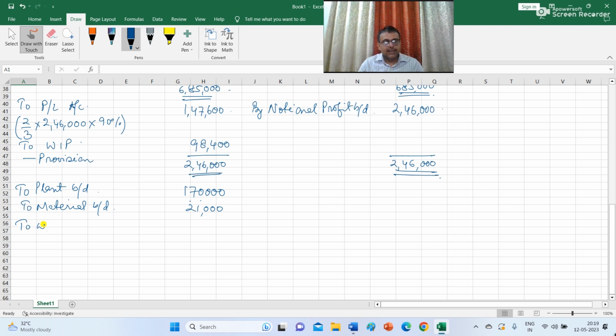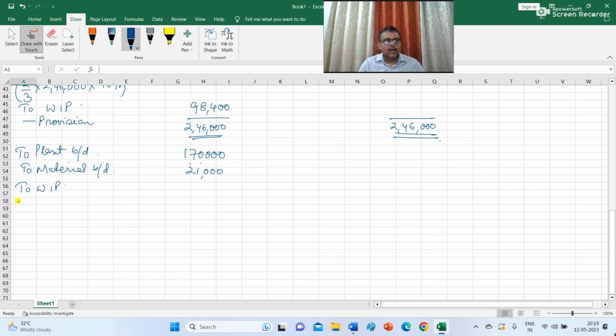Then to WIP, value of work certified for rupees 6,60,000. Cost of uncertified work 25,000.